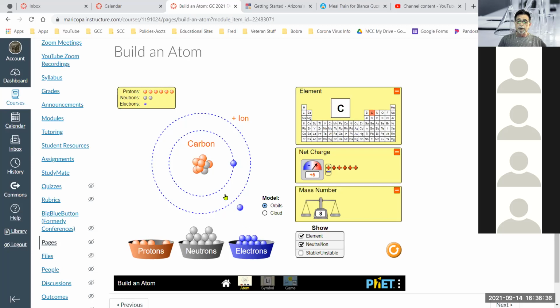We're going to add the electrons now to have 6 protons, 6 neutrons. Let me get rid of all of the, okay, so we have carbon.